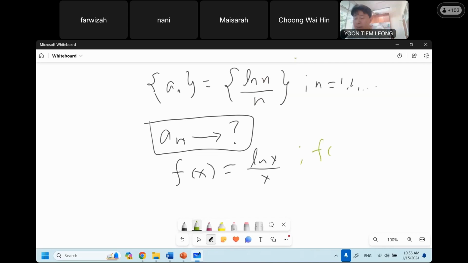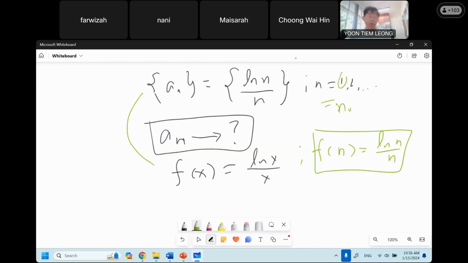Whenever x takes a positive number, f at n is just ln n over n. So this f(x) function maps the sequence term by term for n larger than n naught, where 1 plays the role of n naught.